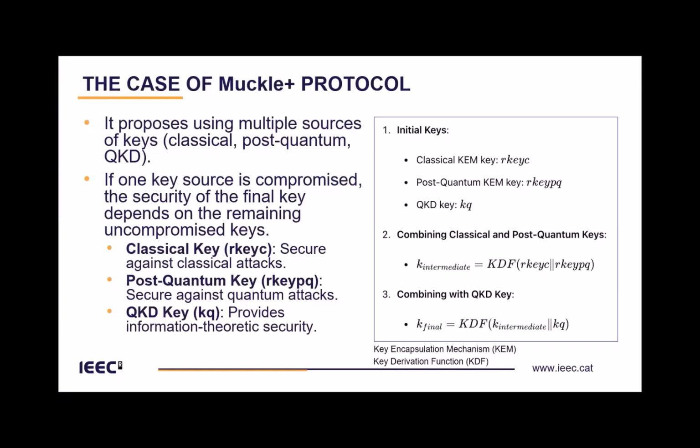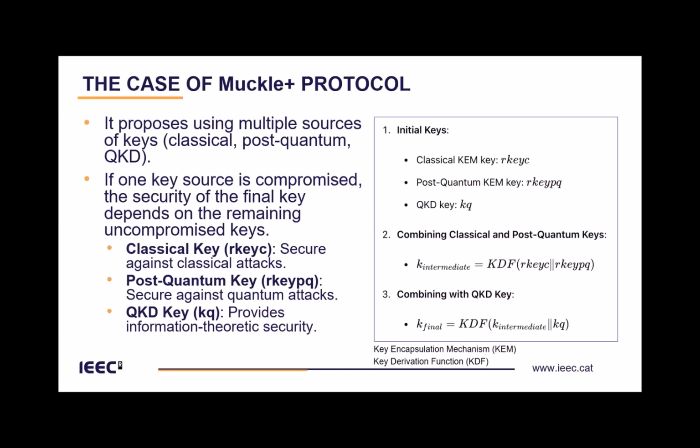It happens that there is already a protocol called the Muckle protocol, Muckle Plus protocol. Does anyone know this protocol? One, two people, three, good. I think it's really important, because exactly this protocol is doing what I'm trying to put on the table, but without physical layer security.